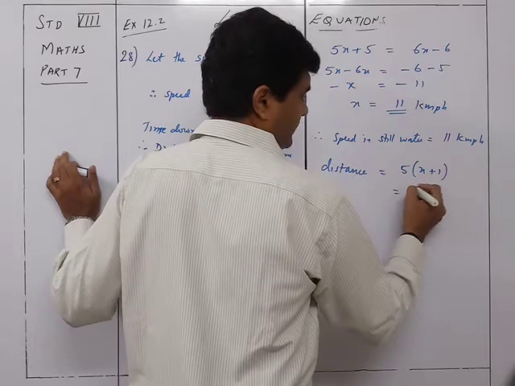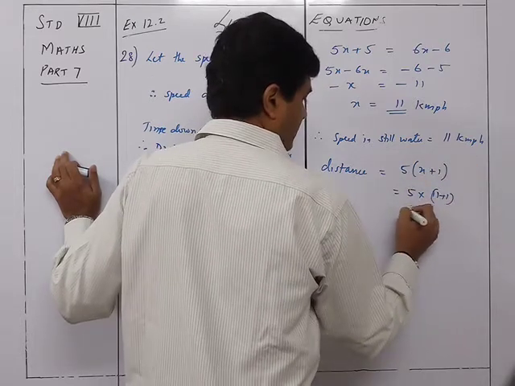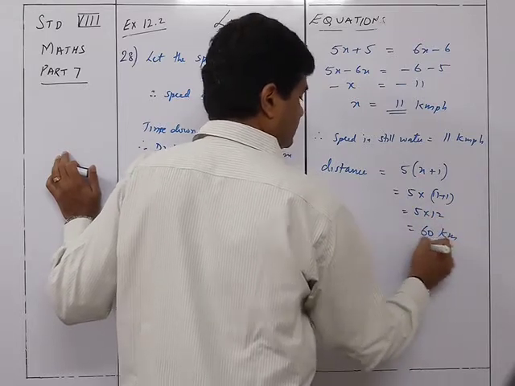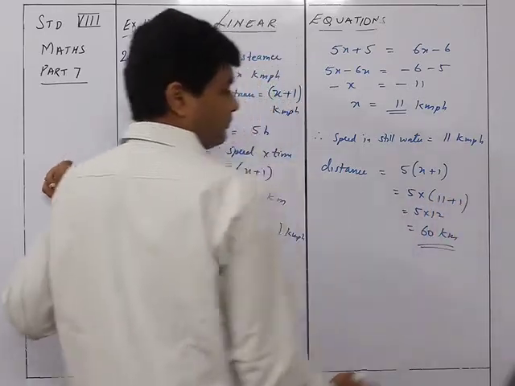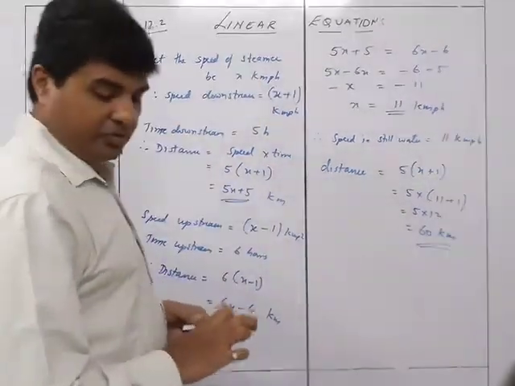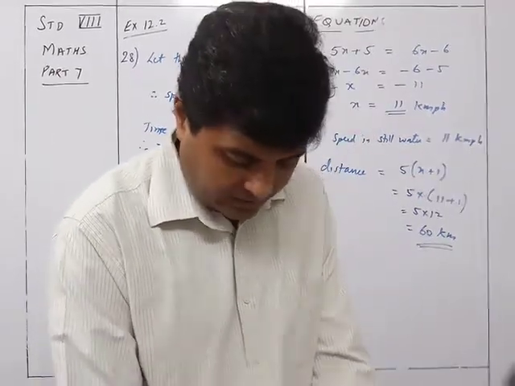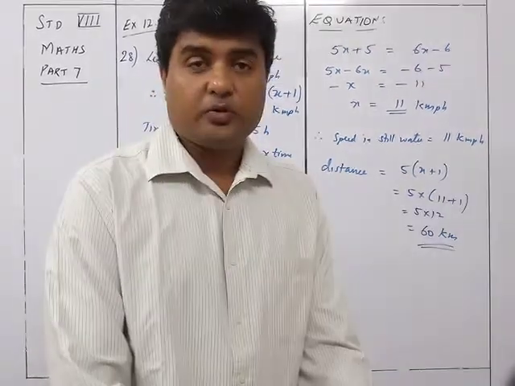So it will be 5 into 11 plus 1, so 5 into 12, which is equal to 60 kilometers. Okay, that gives you 60 kilometers. So this was sum number 28, with answers 60 kilometers and 11 kilometers per hour.